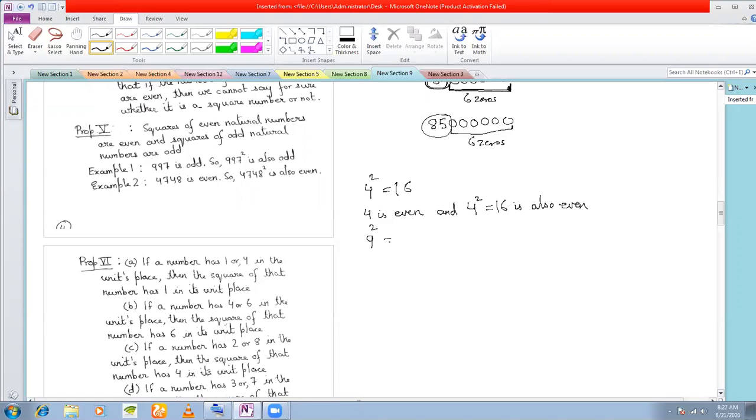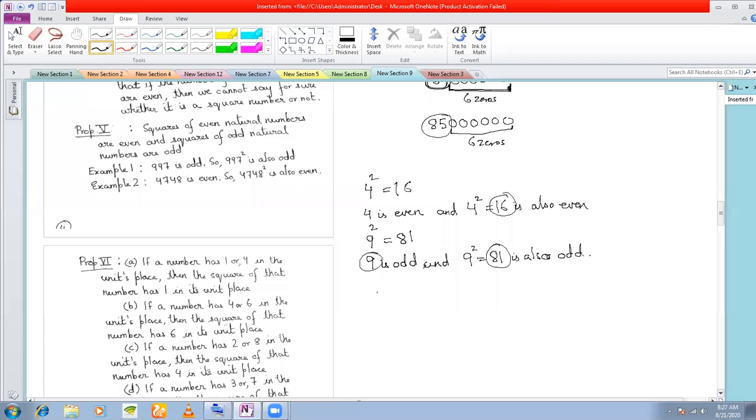I square 9, I get 81. So 9 is odd, and the square of 9, which is 81, is also odd. So if you take an even number and you square it, the resulting number will be even. If you take an odd number and you square it, the resulting number will be odd.